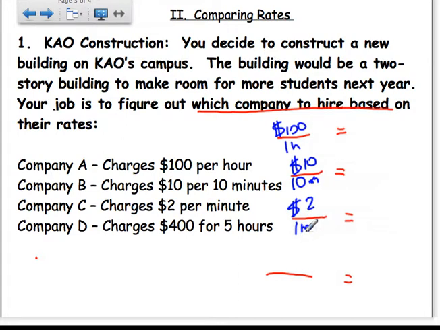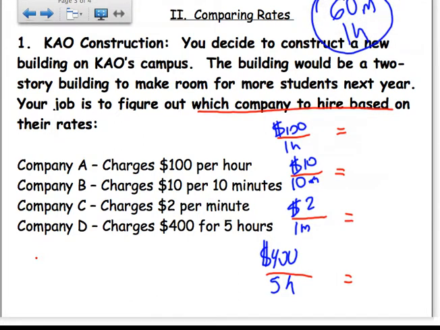And Company D is $400 per 5 hours. I see hours and minutes here, so the goal that you should have had is I want to convert them all to either 60 minutes or 1 hour. If you can get them all to either 60 minutes or 1 hour, then you can compare them.